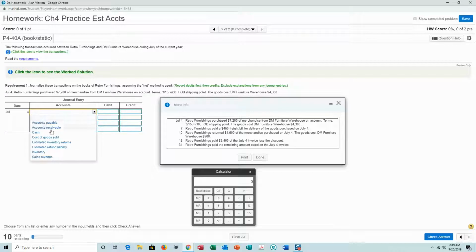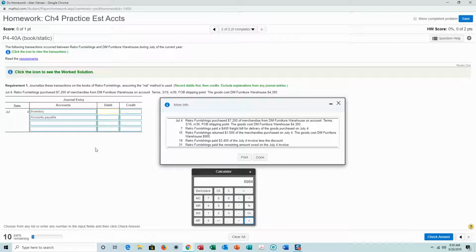And when you purchase something, you obviously are going to debit, in this case, inventory, and you're going to credit accounts payable because we purchased it on account. So you either purchase it with cash or on account. And the amount of the debit then is going to be 7,200 times 0.97, 97%.